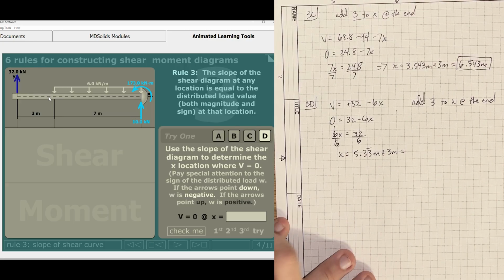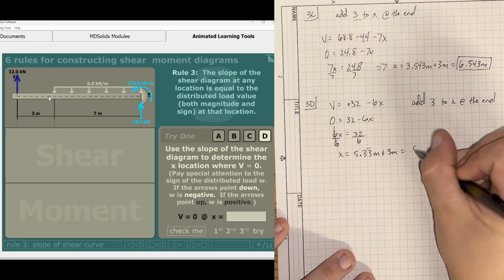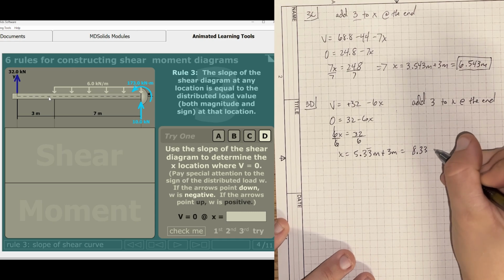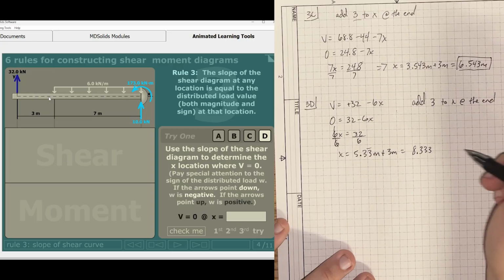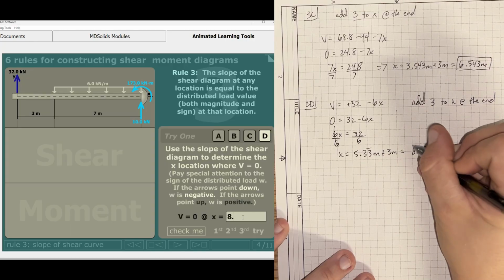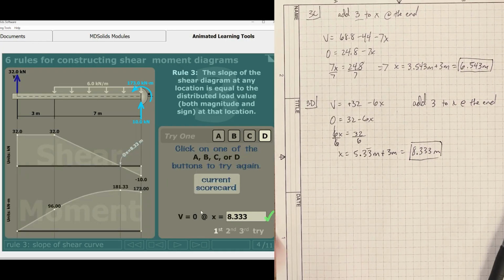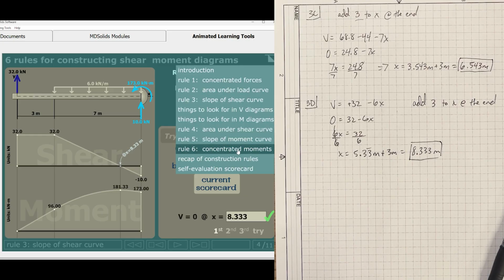So 5.33 plus 3 gives us 8.33, and we can go 3 decimal places out for these, so 8.333 meters in. If we punch in 8.333, we can check it, and as you can see, that's where V is equal to 0 on this graph.